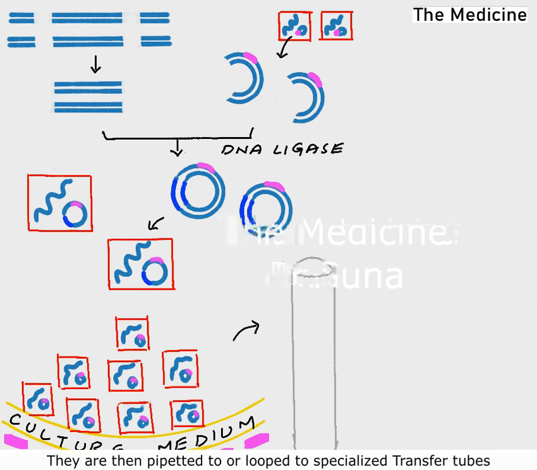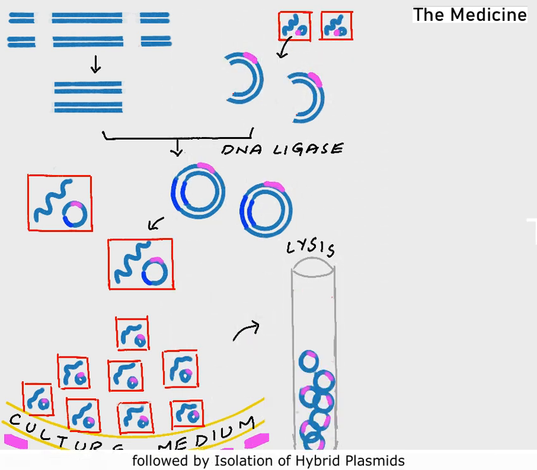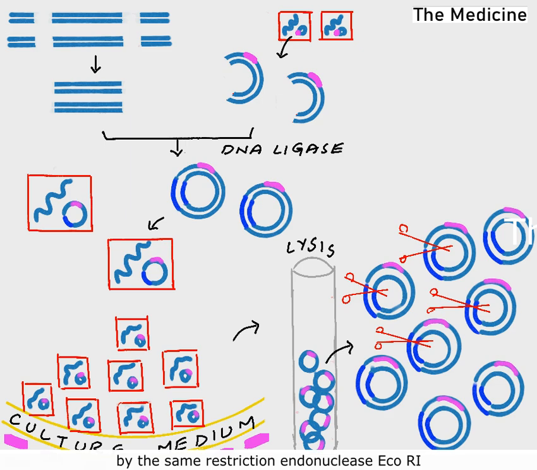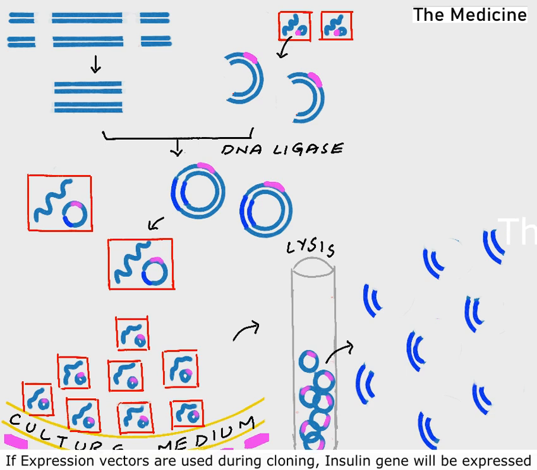They are then pipetted or looped to special transfer tubes and subjected to lysis through mechanical or chemical means, followed by isolation of hybrid plasmids. Hybrid plasmids are then subjected to cleavage by the same restriction endonuclease EcoR1, which yields multiple copies of the desired DNA sequence, the insulin gene.